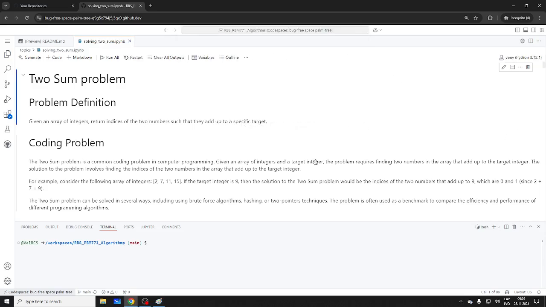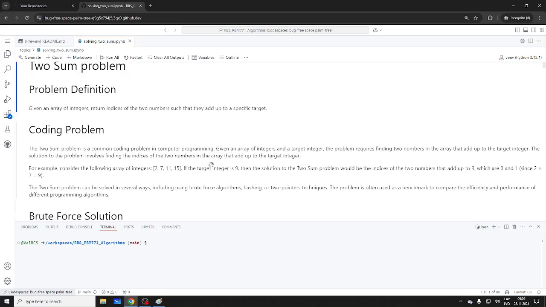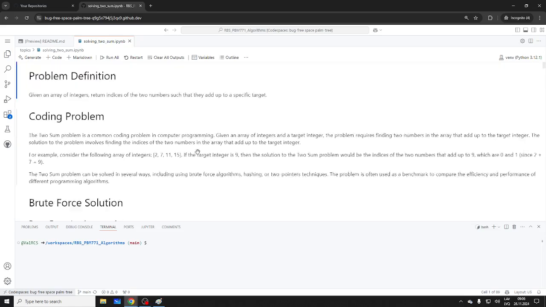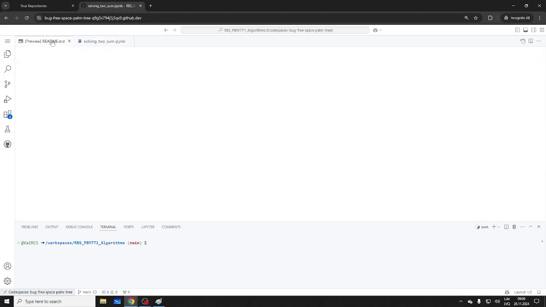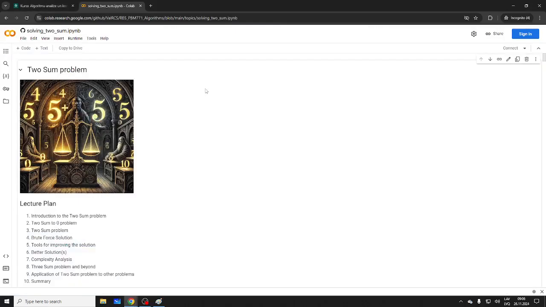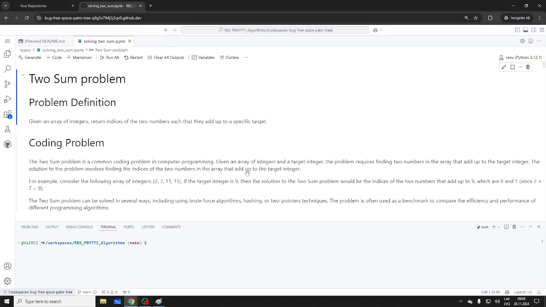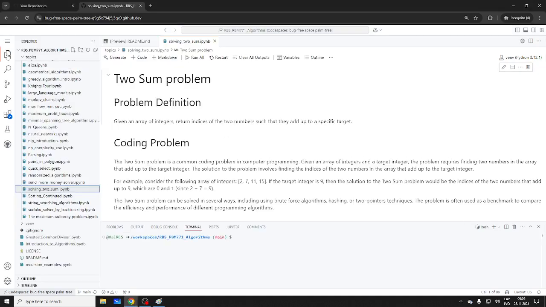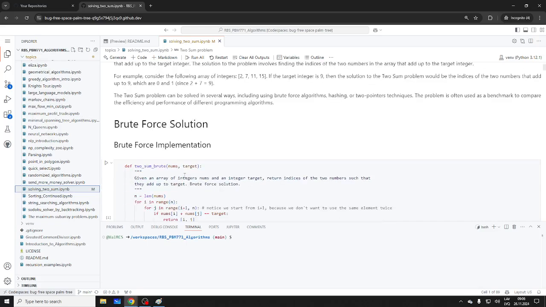All right. So the two-sum problem is basically: given an array of integers, return the indices of the two numbers that add up to a specific target. I'm just trying to see why Codespaces is not reflecting the newest additions.